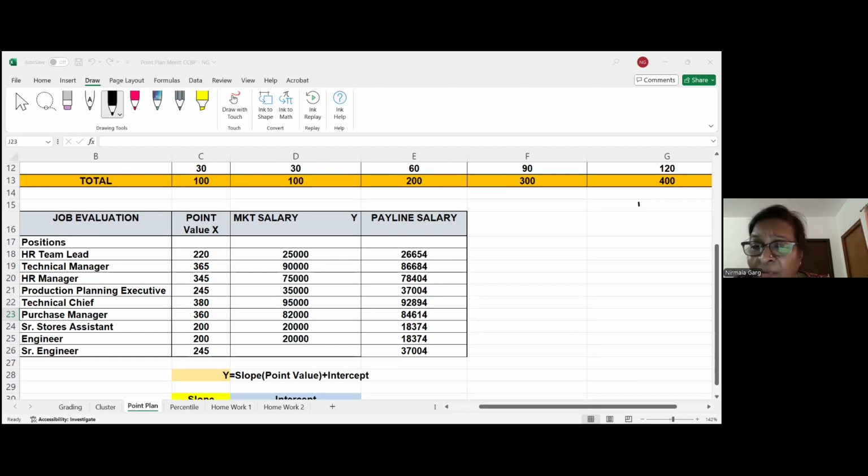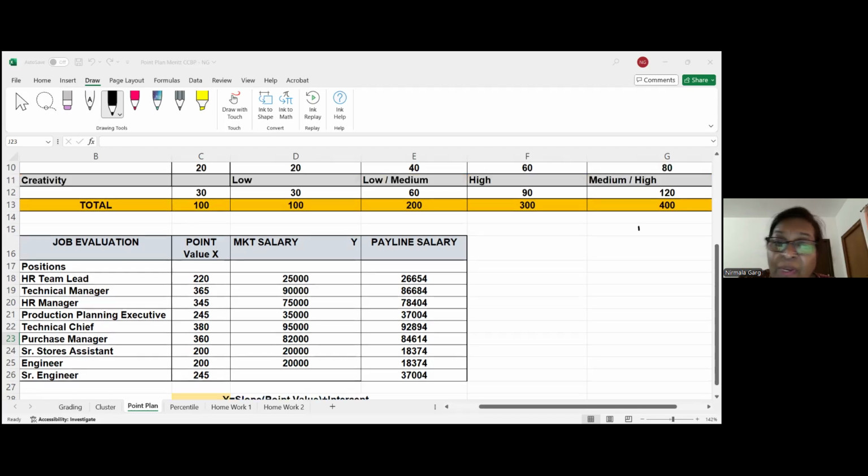Because every organization will have 2 to 3% of jobs which are unique. So if you have noticed, I've left one position here purposely. The point value is within your control, because that's the job description, but how can you know the market salary, and how will you assign the salary? We can do that.